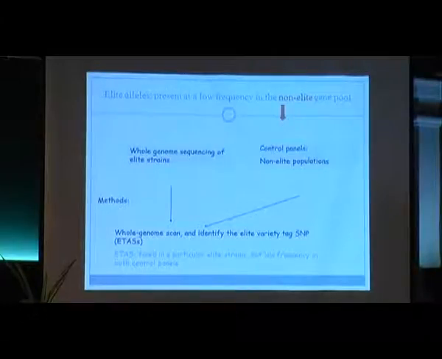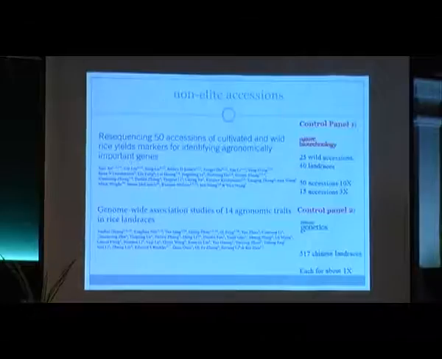So, do we have the non-elite populations? The answer is yes. Fortunately, we have access to genomic data of many non-elite accessions. For example, last year our lab published a data set including 50 accessions of landraces and wild accessions.